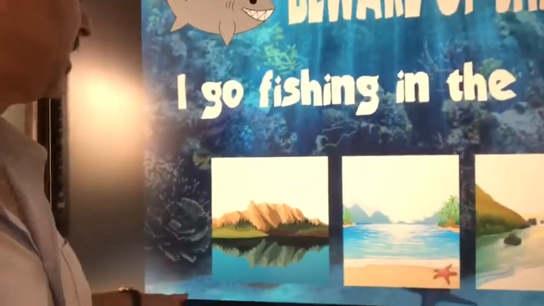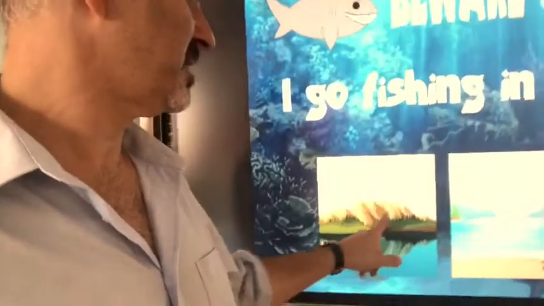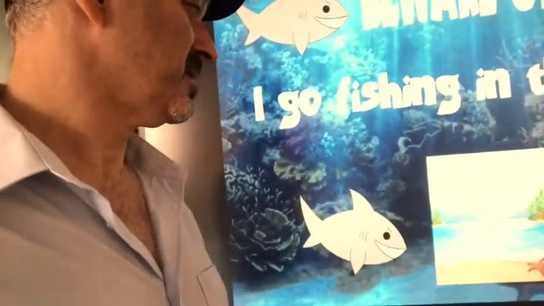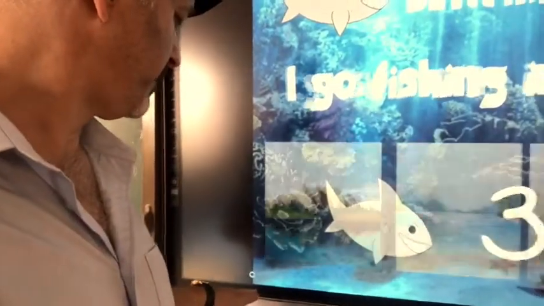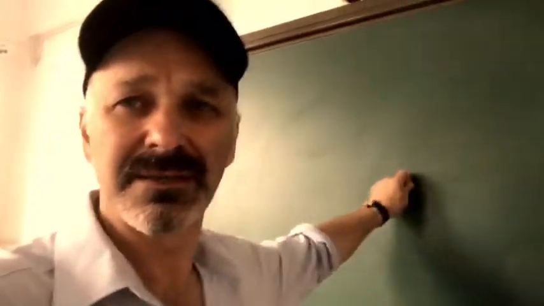I go fishing in the... All right, and so you let the kids say, where do you go fishing? You let this team over here and this team over here. Where do you go fishing? I go fishing in the lake. I go fishing in the sea. And what you do is, for instance, I go swimming in the... you go to this team over here and you say, where do you go swimming? And they can say, I go swimming in the sea. So, team one, swimming in the sea.